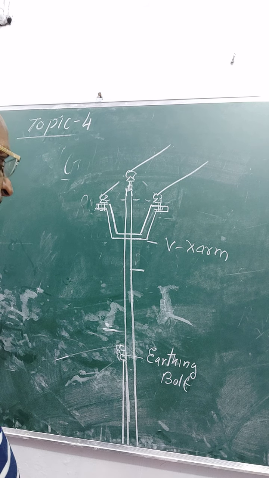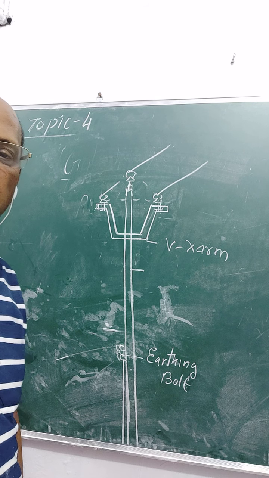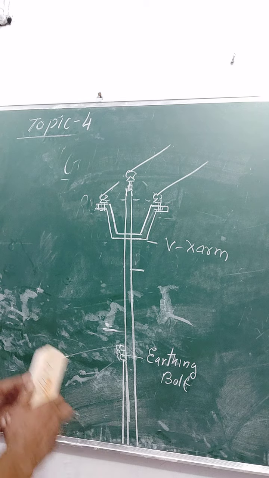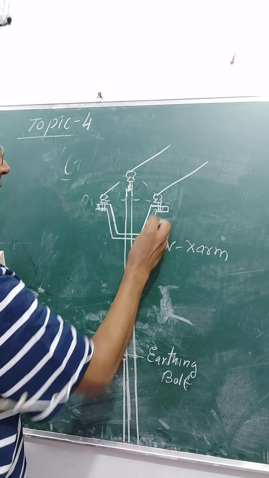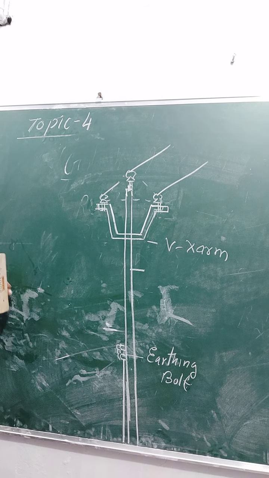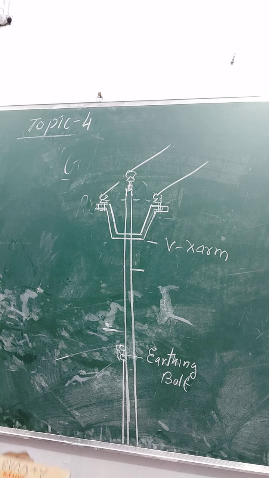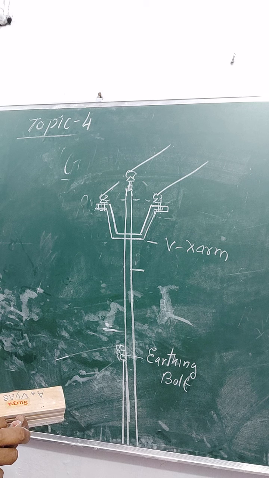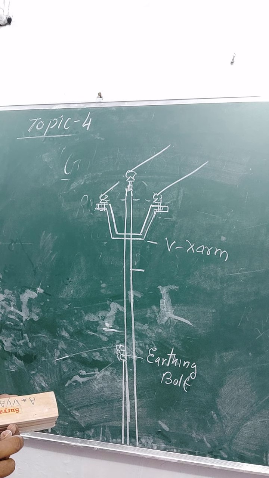So in major counting, you can have these 5-6 items which are the major items of the line. For an 11 kV line, we have the formula that 50 to 80 meter is the average span.